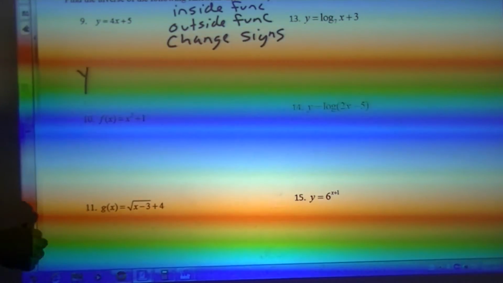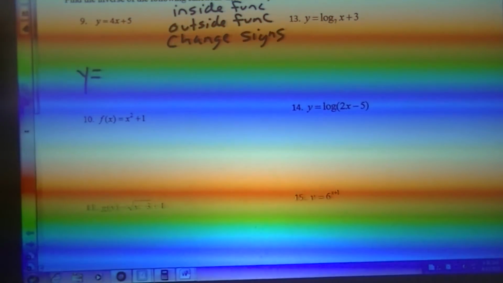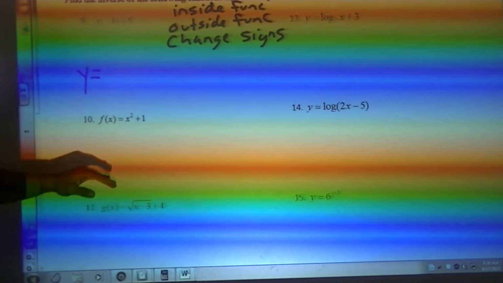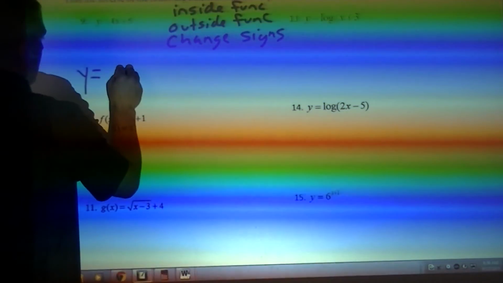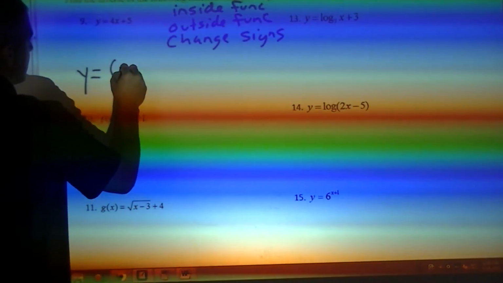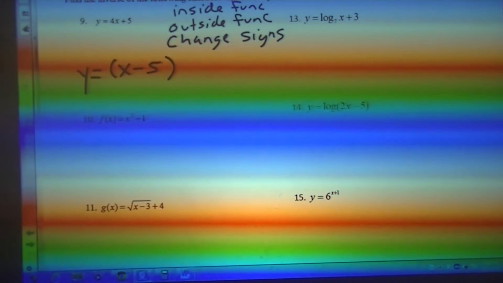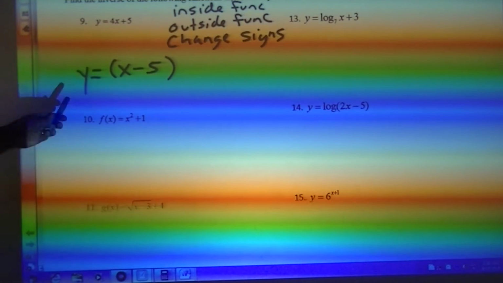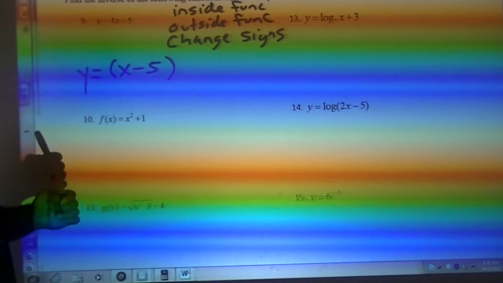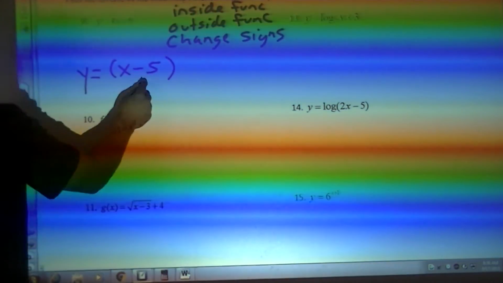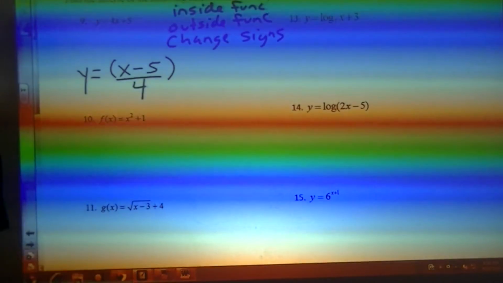Here's what I mean. I can just do y equals. So 5 is considered outside the function. Now it's going to be considered inside the function. So x minus 5. It's 4 times the outside, so now it's going to be divided by 4 on the inside.